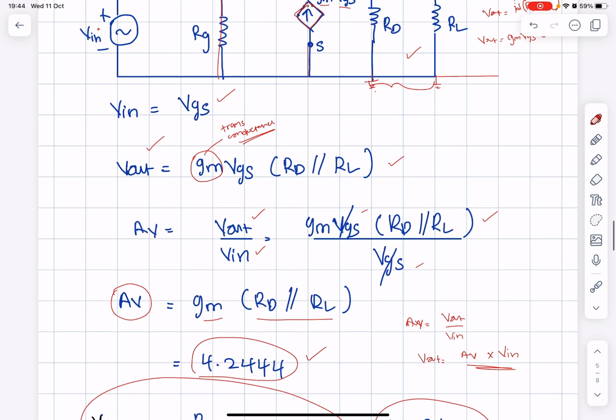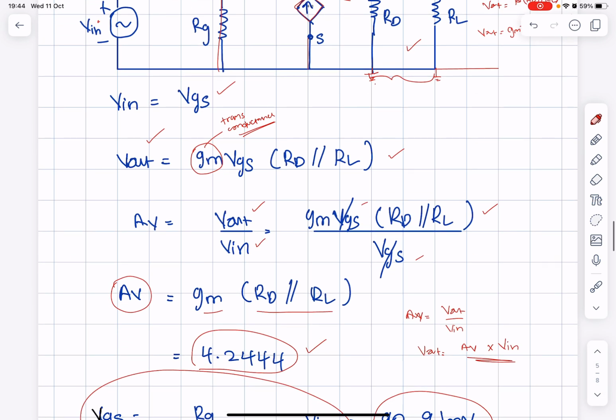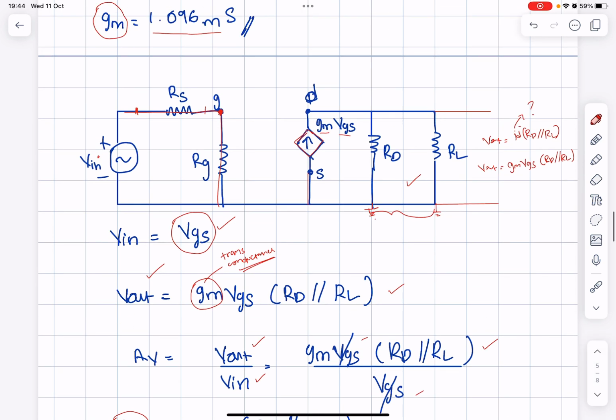So the voltage here, Vn here equal to VGS. So if you look at this value, VGS, this voltage here is equal to Vn minus VRS. Okay.